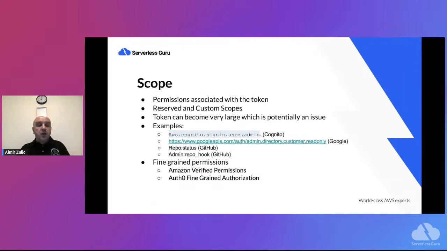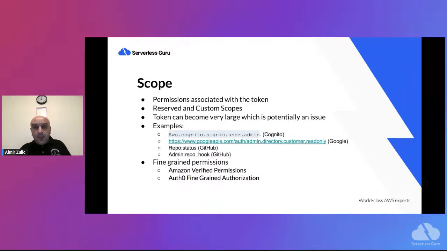What can it do? So if you limit the scope to, let's look into this example for GitHub. There is a repo status. If this scope is defined, your API should only read the status of the repo.